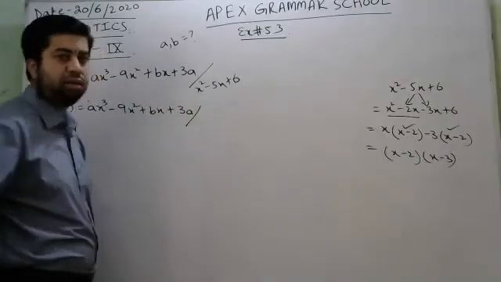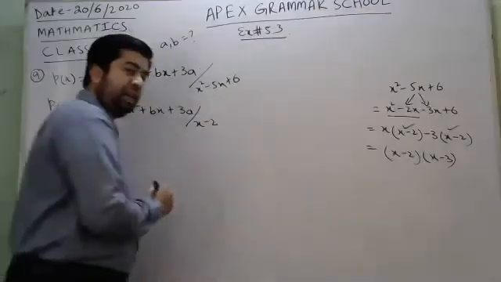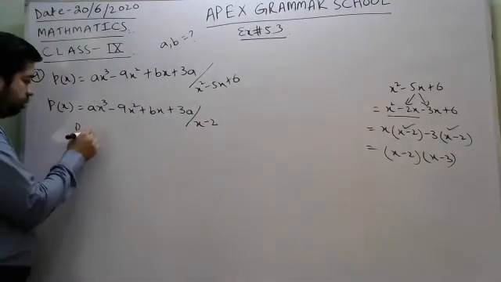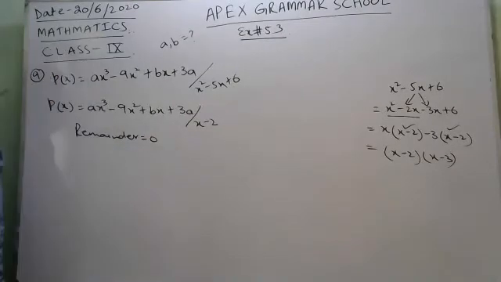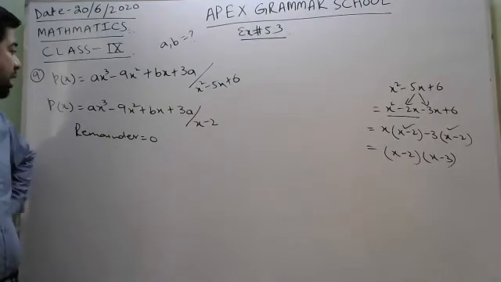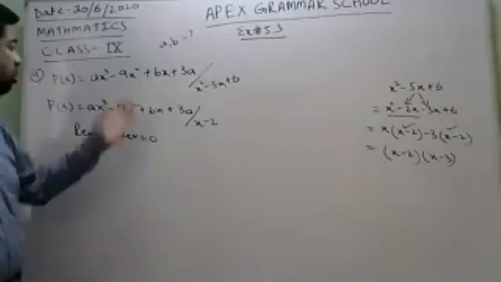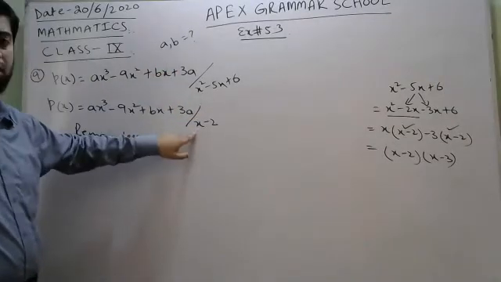The first divisor will be x minus 2, and it will give the remainder 0. How can we say that its remainder is 0? Because in the question statement, we already know that it is totally divisible. It is totally divisible by this, so it can be divisible by its factor.